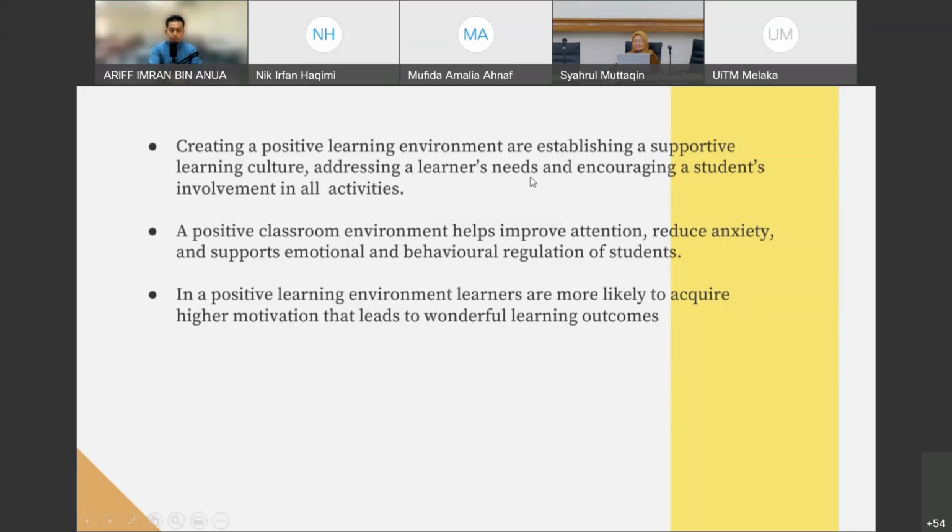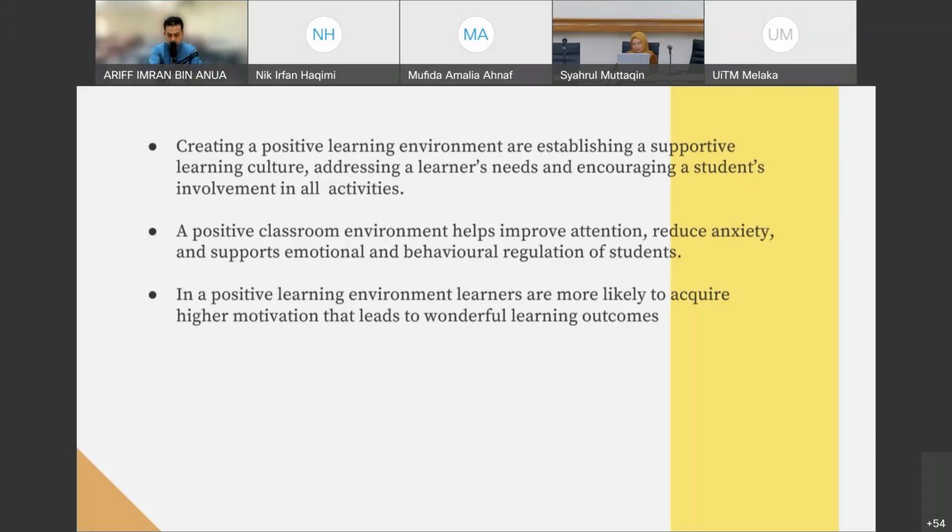Yeah, since it will also support the learning culture and then also address the learners' needs and also encourage the learners' involvement in all activities both in class and also outside of the class.